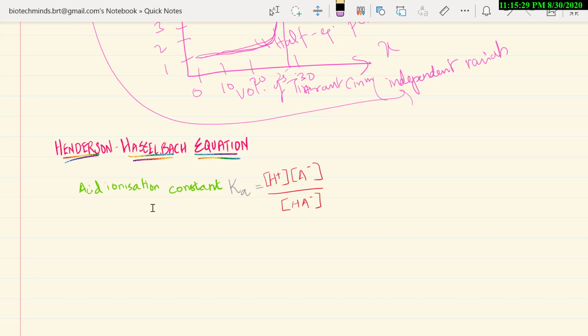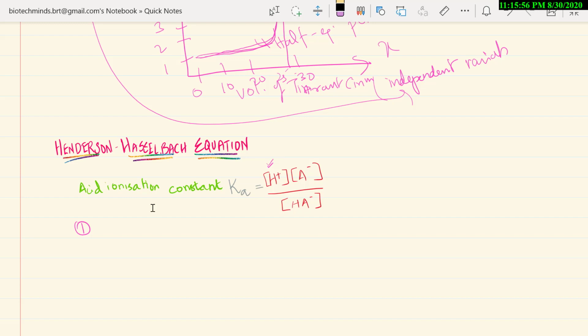From here we'll step into the first step. What are you going to do? We are going to rearrange the Ka equation to solve for the concentration of protons. We will concentrate on these protons, so we will reshuffle all these things.